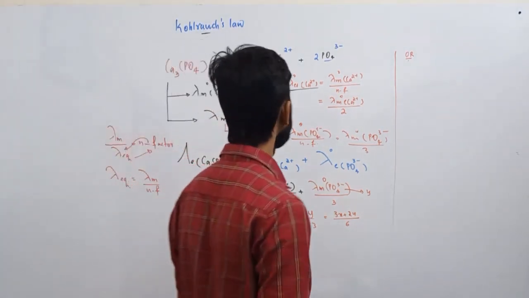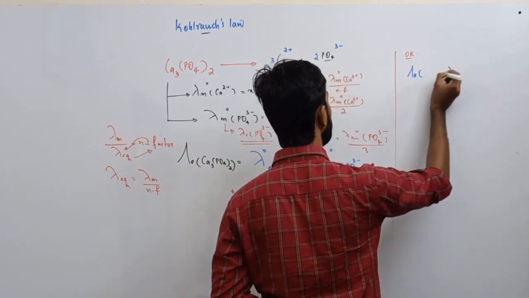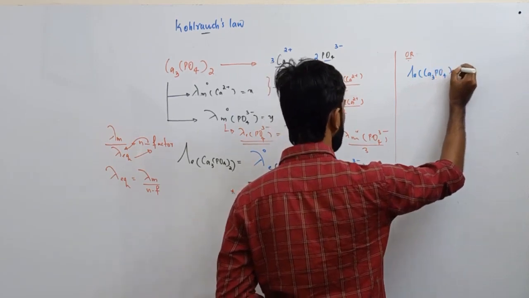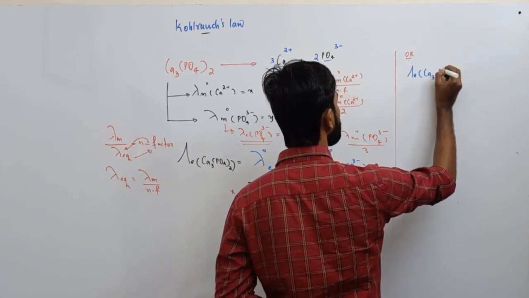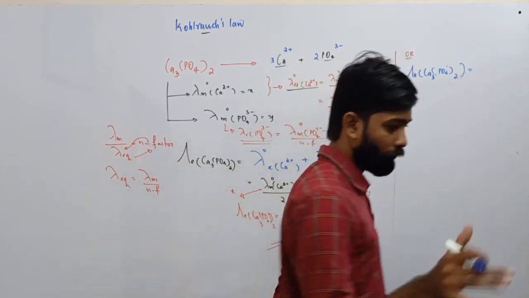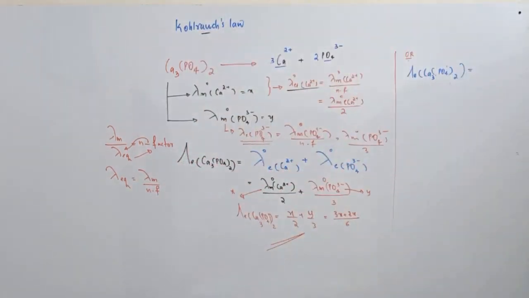Agreed. So, first, in order to find the limiting equivalent conductivity of Ca3(PO4)2, you want to find the limiting equivalent conductivity of Ca3(PO4)2.